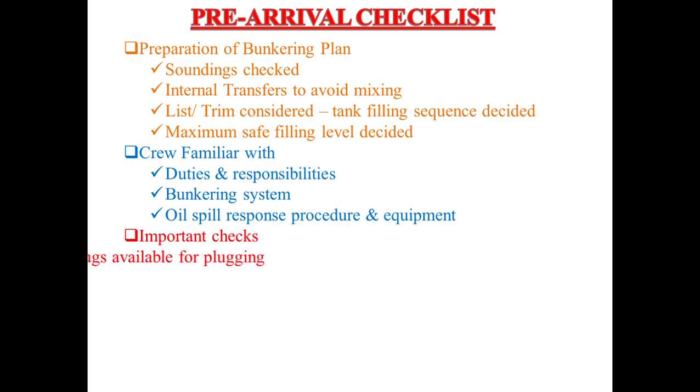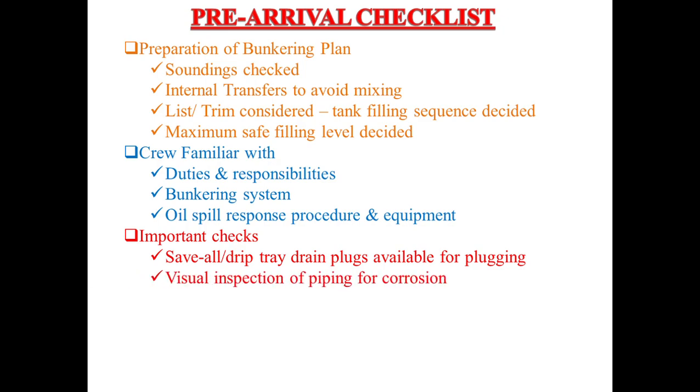Then we have important checks, like save-alls and drip trays with drain plugs available for plugging, so we plug all the drip trays. Visual inspection of piping for corrosion, and try out open and shut operation for all bunkering valves. We open and try to shut because there may be a chance that the valves may not shut.